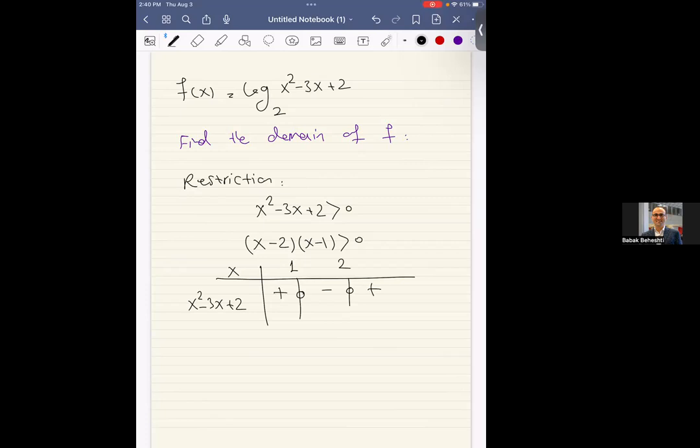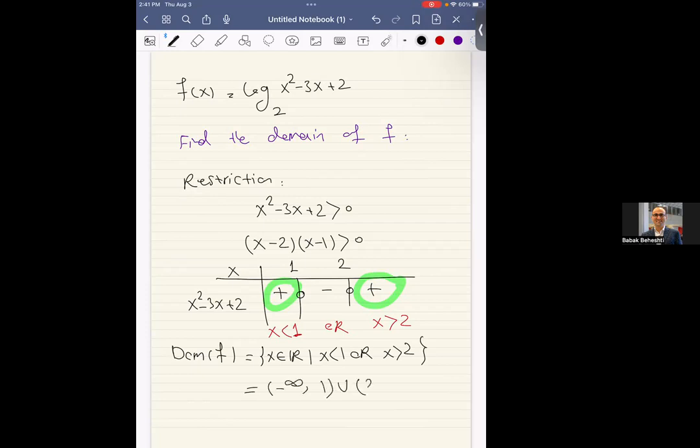So the solutions are basically either in this region or this region: x either greater than 2 or x less than 1. So the domain of f is the set of real numbers such that x less than 1 or x greater than 2. This is the set notation. In terms of intervals, it's minus infinity to 1 union 2 to infinity.